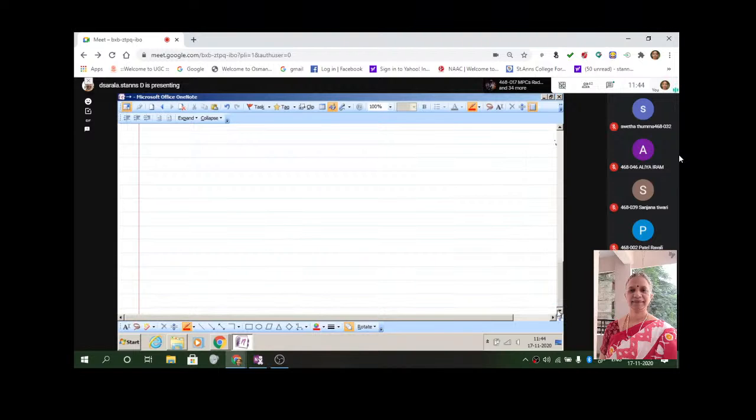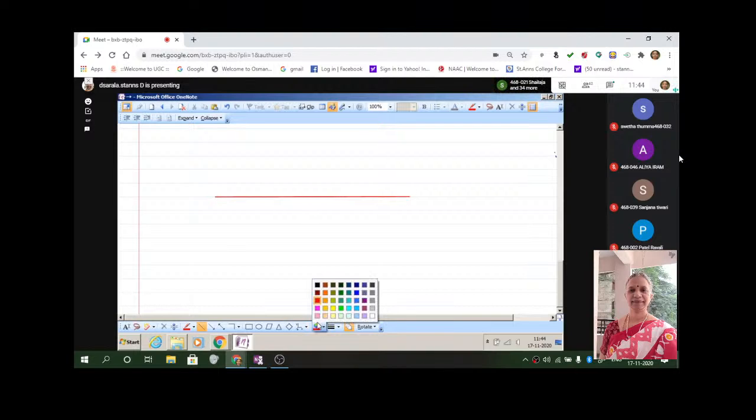So before I talk, first draw the circuit, then I will give you the explanation. Draw it along with me. I will give you the description. First, draw the circuit along with me.